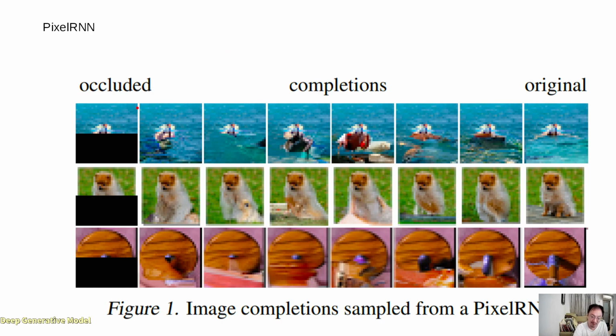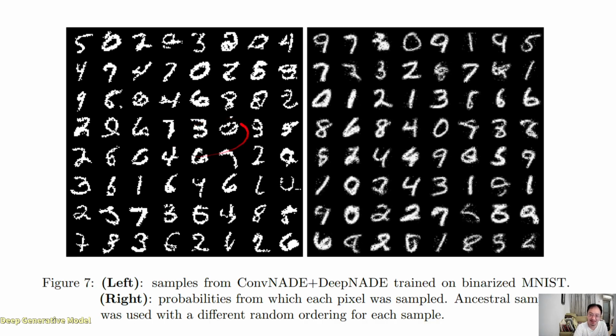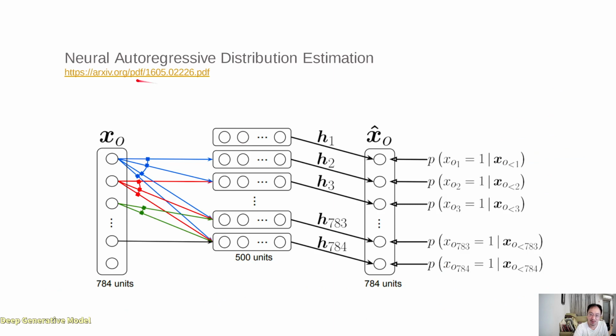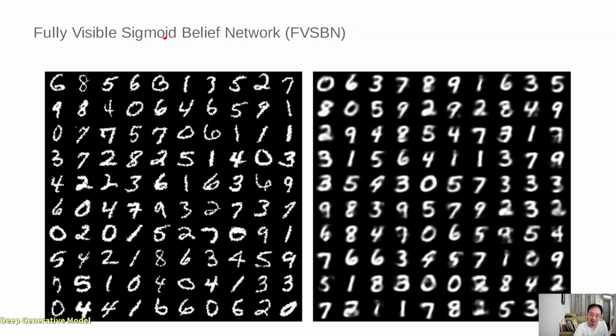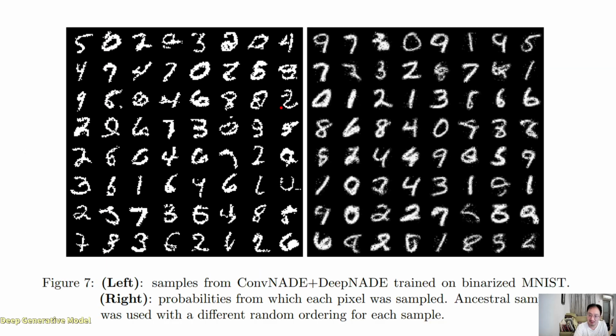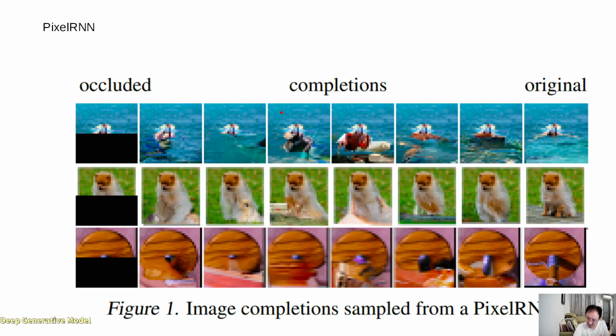But we have already done this before, in the neural autoregressive distribution estimation and the sigmoid belief network. So at least somebody has already succeeded.